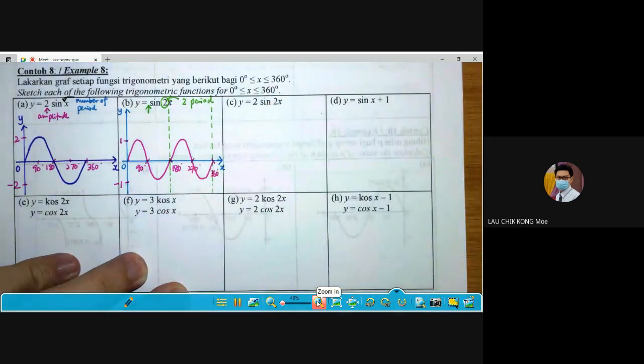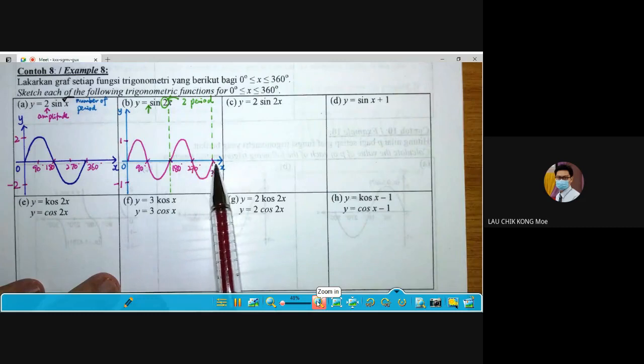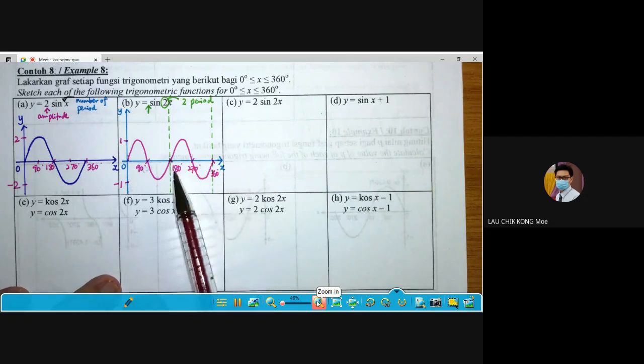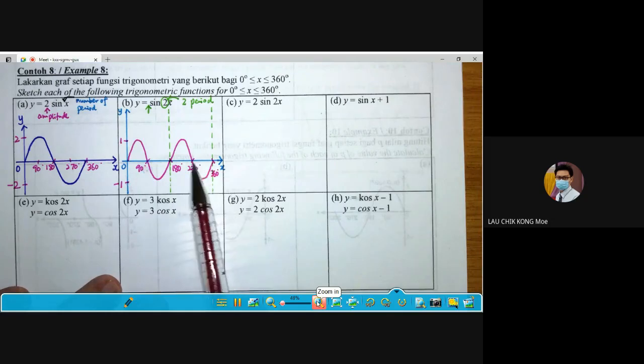We still need to state the main 4 angles only. Usually don't put the angles first, we draw it first. 2 periods but we are still in 360 degrees. Half of 180 is 90, half between 180 and 360 is 270. So this is the graph.